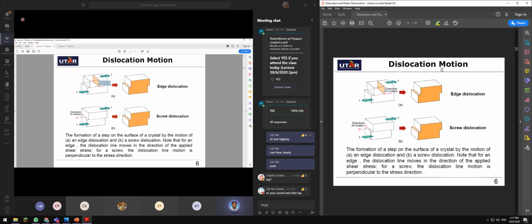The direction of motion is parallel to the shear force; we call that edge dislocation. When the direction of dislocation motion is perpendicular to the direction of force, we call that screw dislocation.